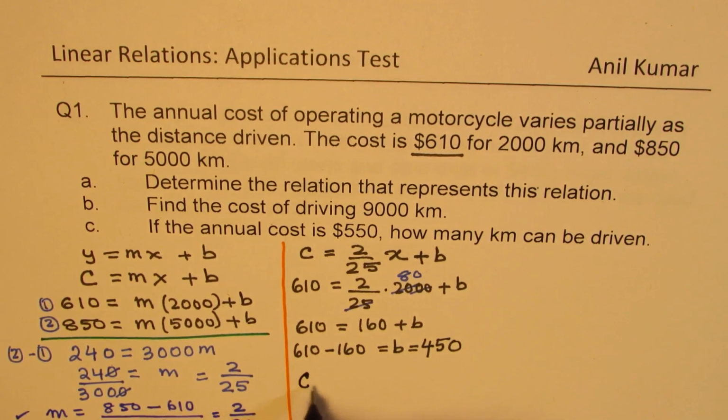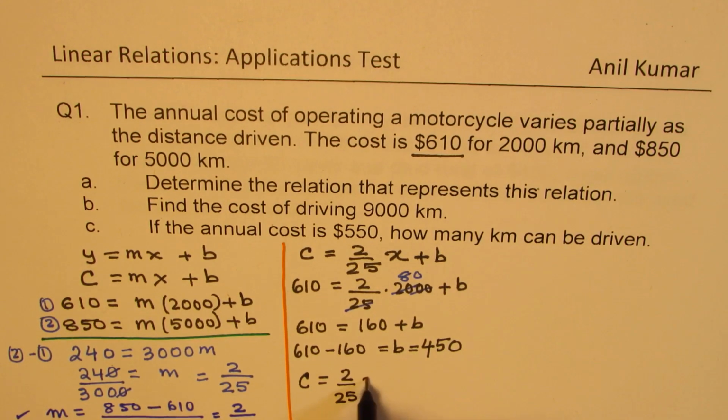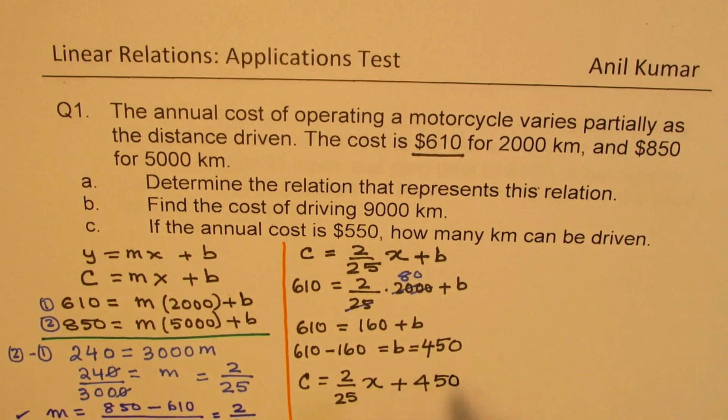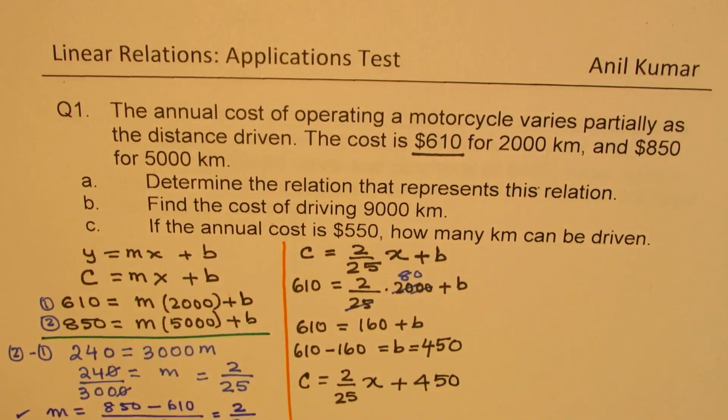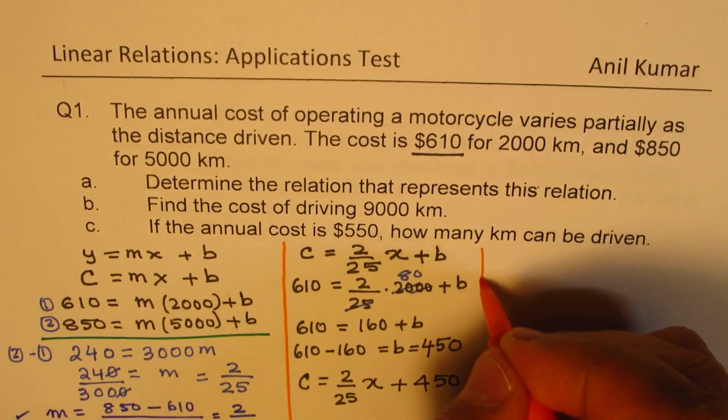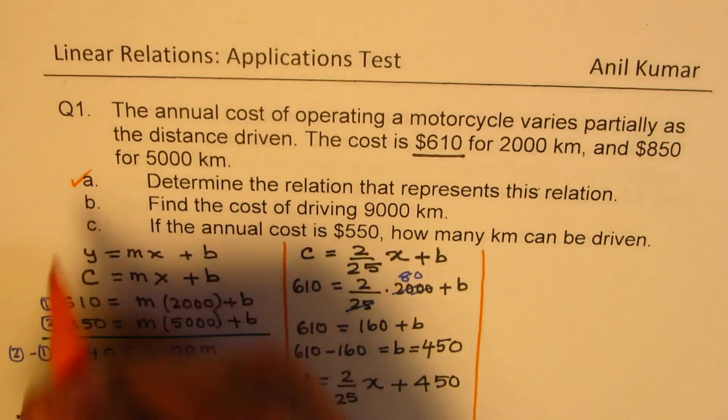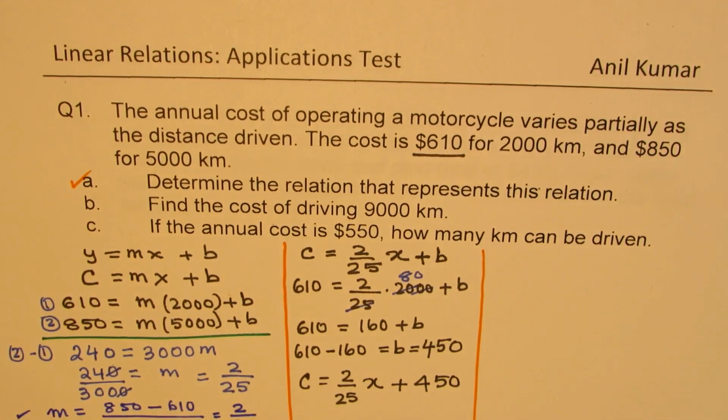So we get the relation that the cost is 2 over 25 times the distance x plus 450. Clear? So that is how we can get the equation to represent this particular relation, right?